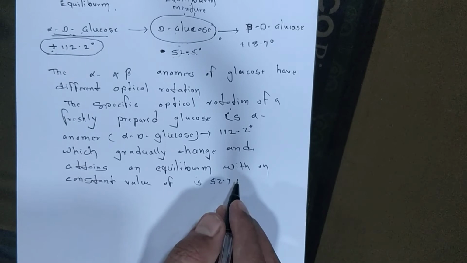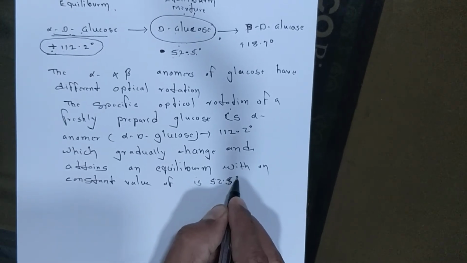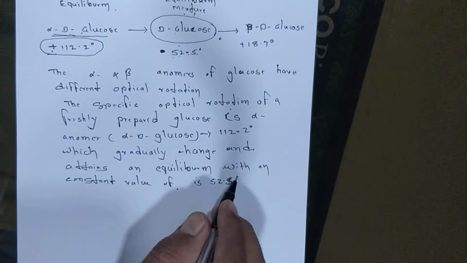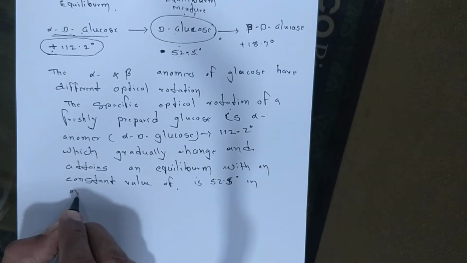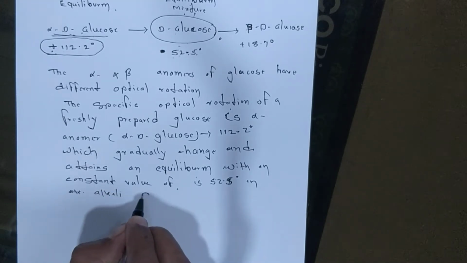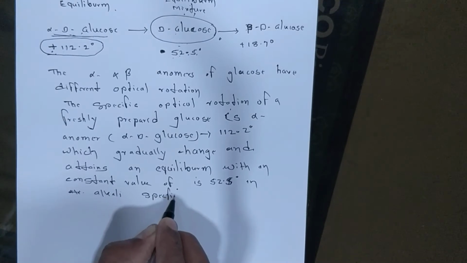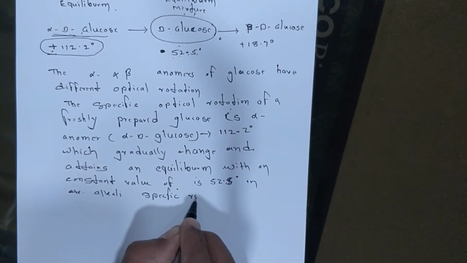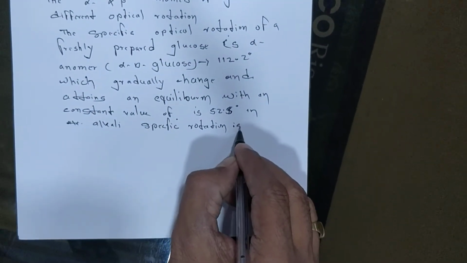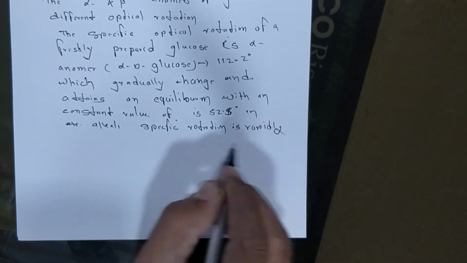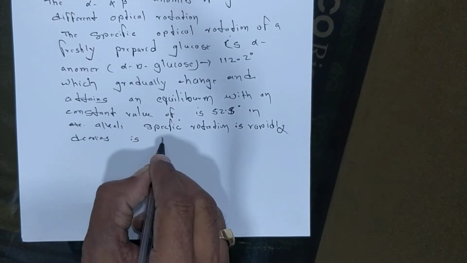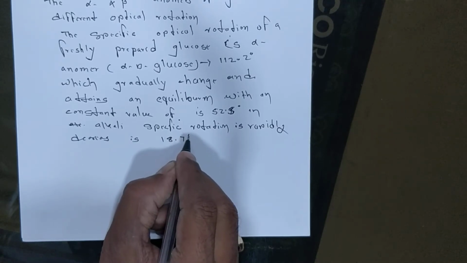Some books show 52.5 degree. Now here, in the presence of alkali, the specific optical rotation rapidly decreases to 18.7 degree.